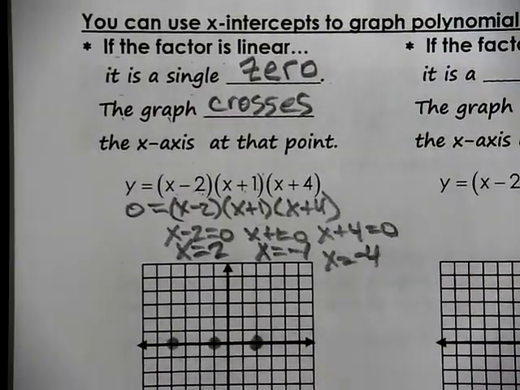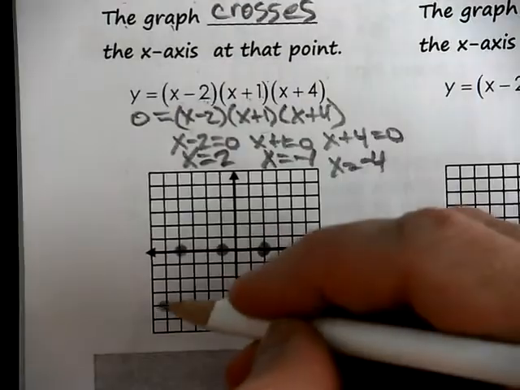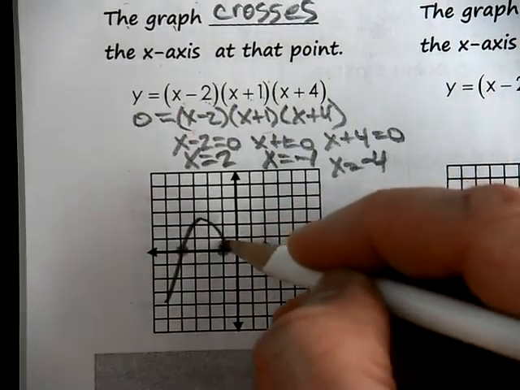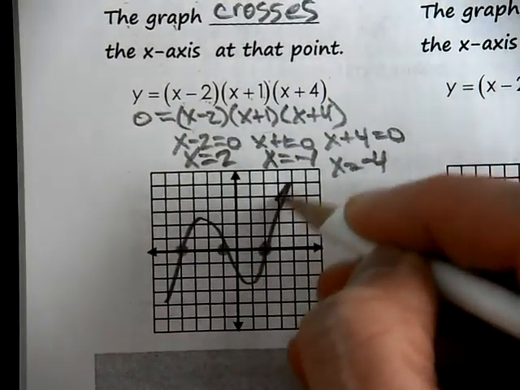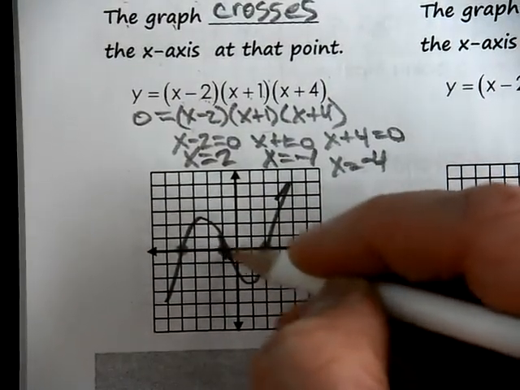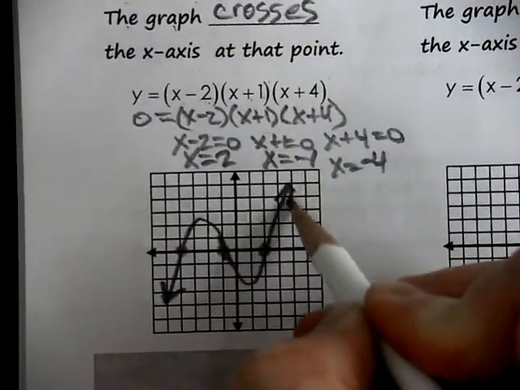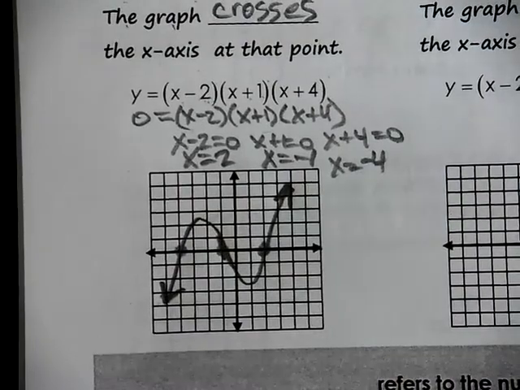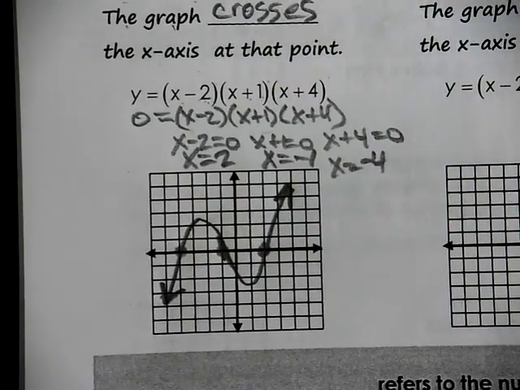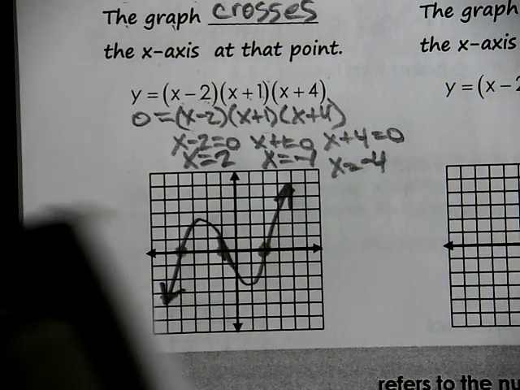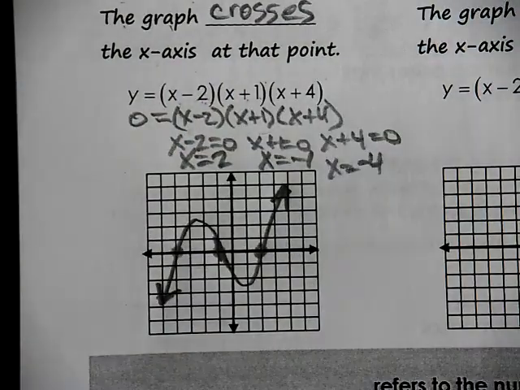And what we're going to talk about later is knowing how the graph goes through. I just missed that one, but it goes right through it. Put arrows on the end. And that would be our graph. We can see that with a graphing calculator, if you like to do that.